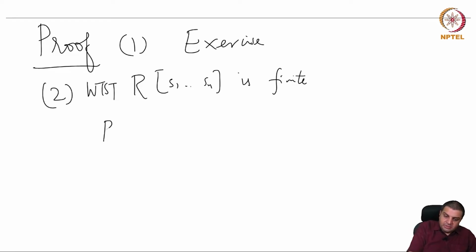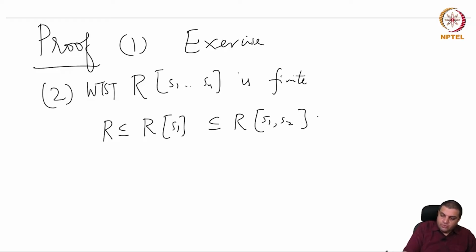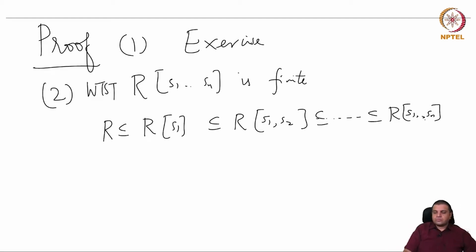We can start with R, then we have R adjoin s1, and then R adjoin s1, s2, and so on, and then we have all of them. This is finite if we prove that the individual steps are finite, because then the composite is finite.